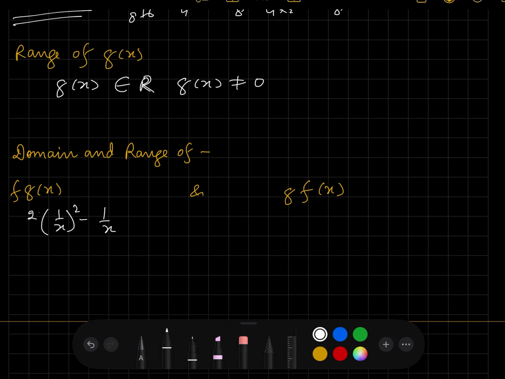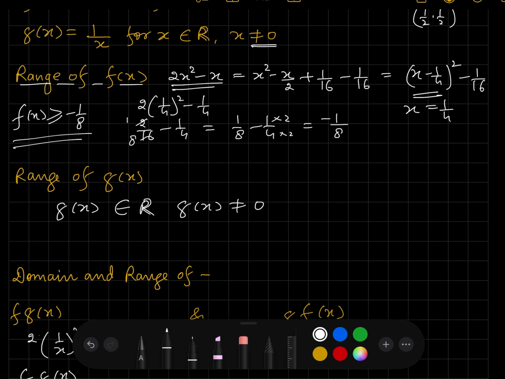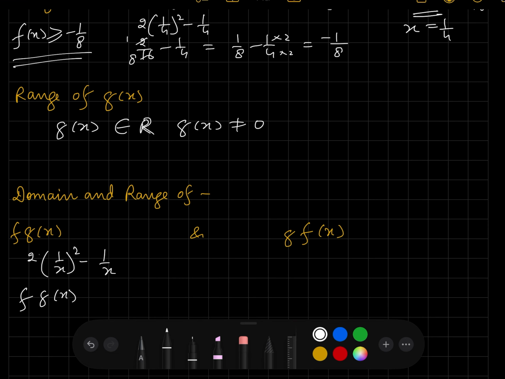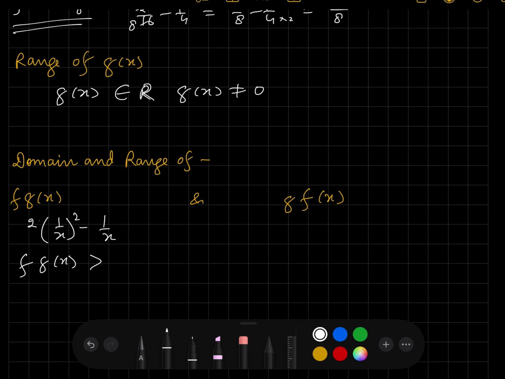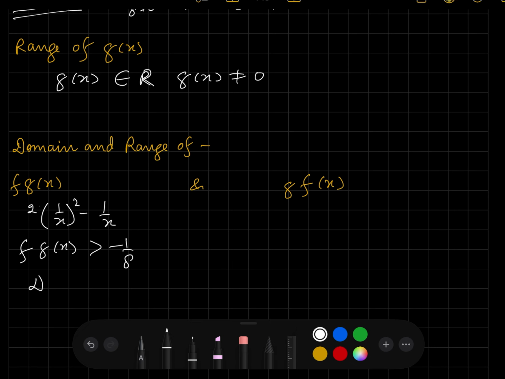Now what values will it take? The range of f of g(x): the range of f(x) is greater than or equal to negative 1 by 8, so the range of this would also be greater than or equal to negative 1 by 8. And the domain would be what?